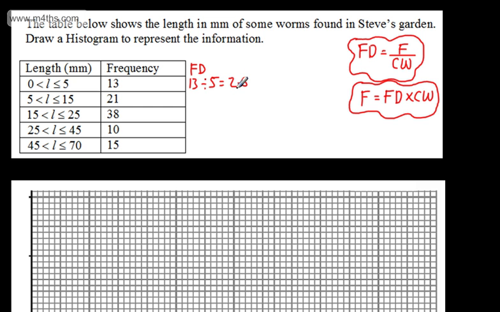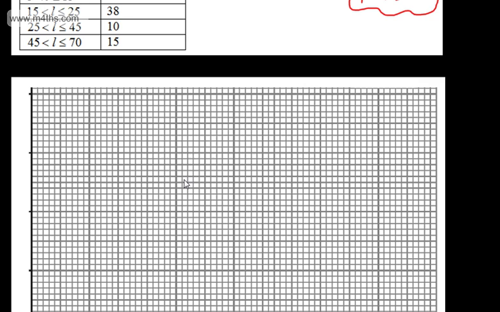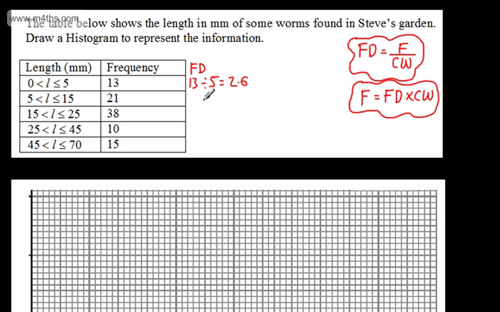Don't be alarmed that these are small numbers. I'm going to adjust my scale accordingly. So I'm going to put it on this particular set of axes and then draw a frequency density scale. On the next one, we've got 21, and we divide 21 by the class width. The class width quite clearly here is 10. A common error is students saying 21 over 15.